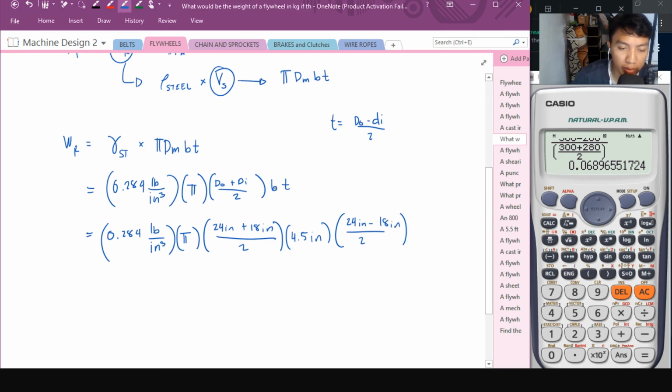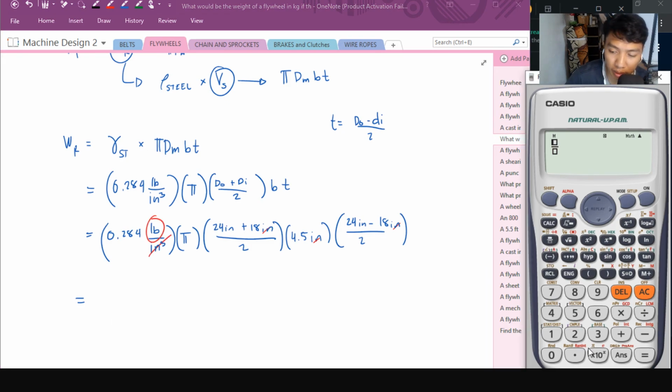Now we have the thickness. We can solve it. Cancel all the same units. It should become pounds only. So, inch multiplied by inch squared multiplied by inch cube cancel, and only the pound remains.